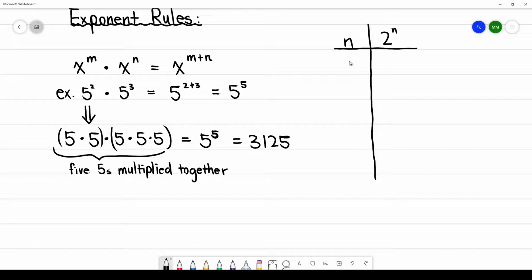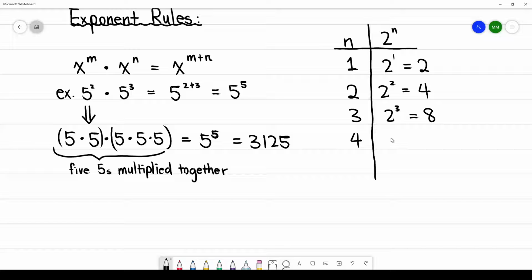Well, when n is, I will leave 0 first. 2 to the 1. So 2 times by itself 1 time. That's equal to 2. When n is 2, 2 to the 2, that's 4. When n is 3, I'll write this out. 2 to the 3 is equal to 8.